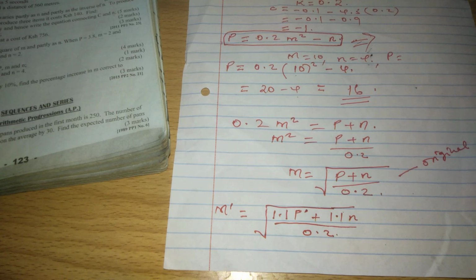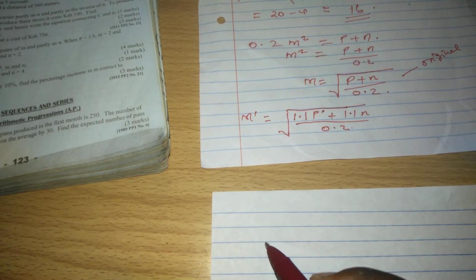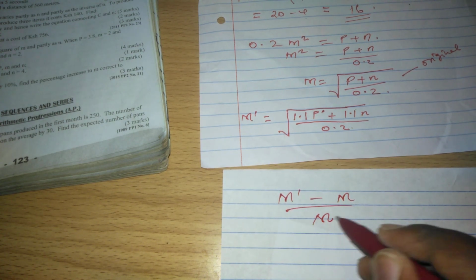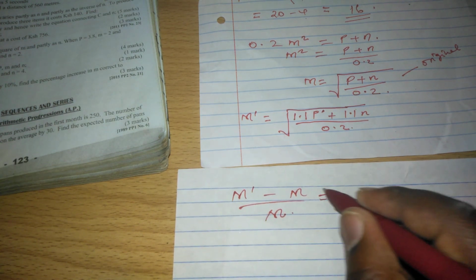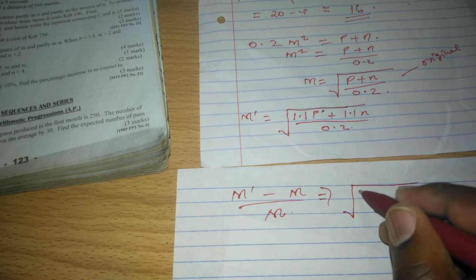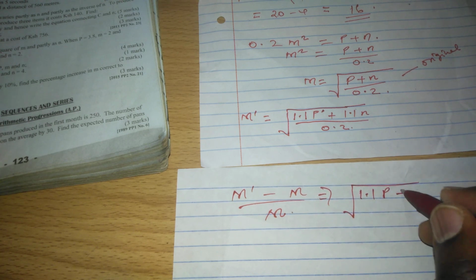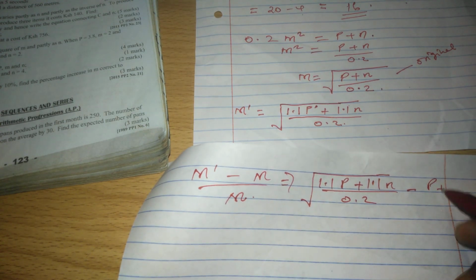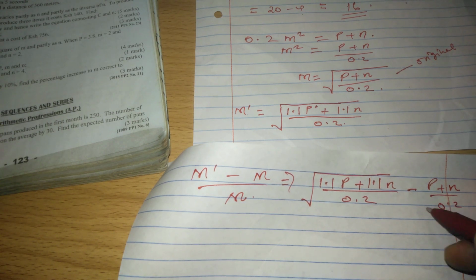So for us to get percentage change, we are going to take the new value minus the old value, the new M minus the old M out of the old M. And this means now we will take the square root of 1.1P plus 1.1N out of 0.2. We subtract the square root of P plus N out of 0.2.